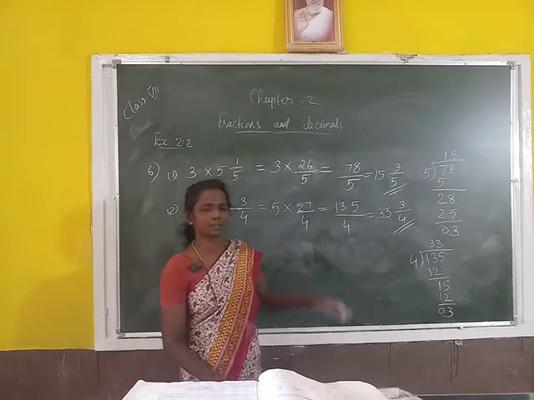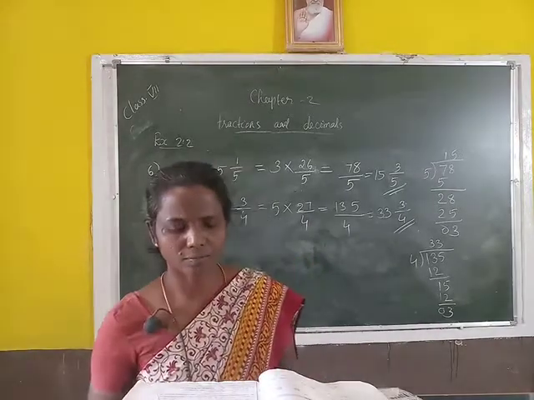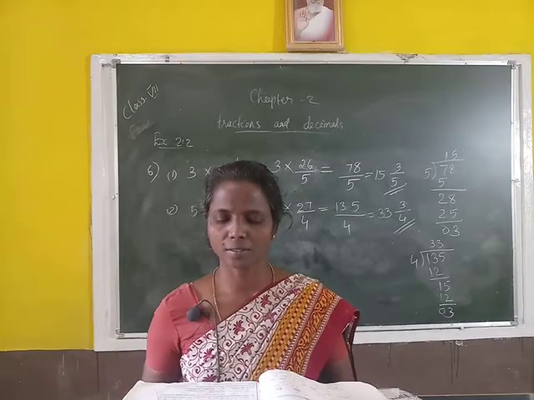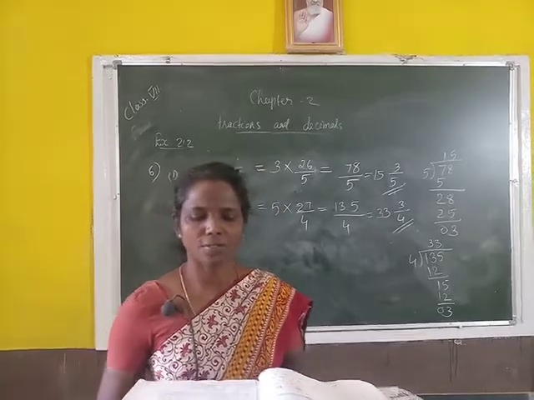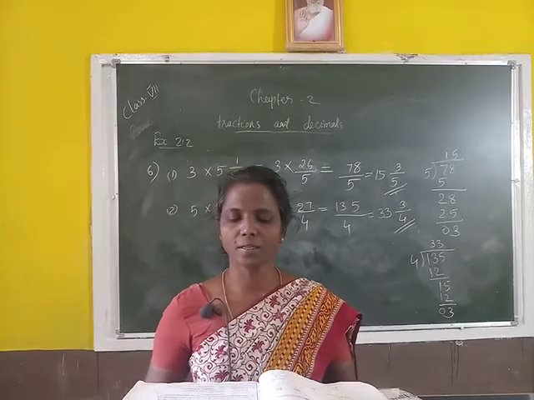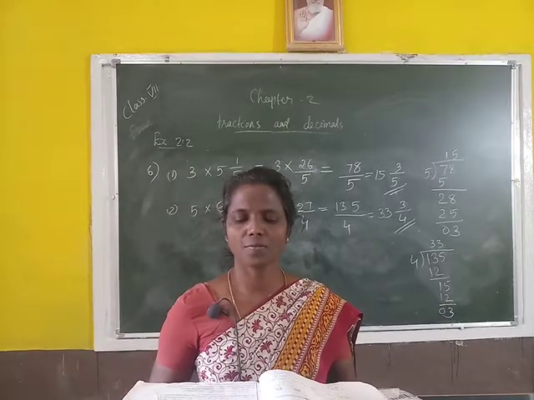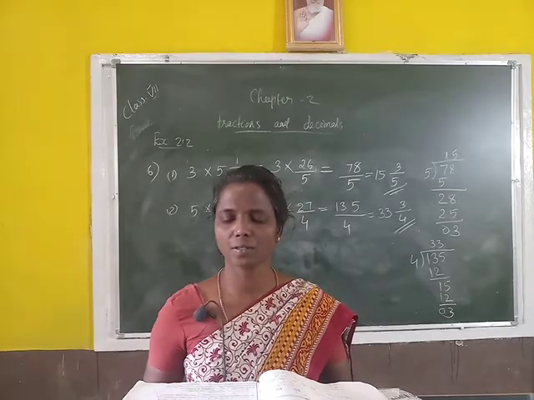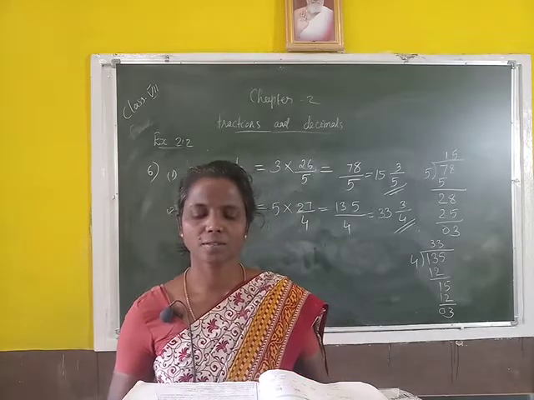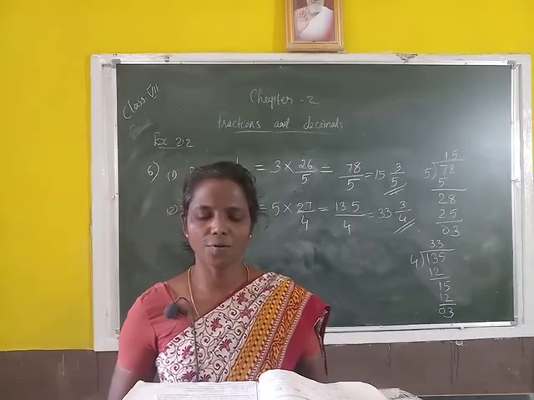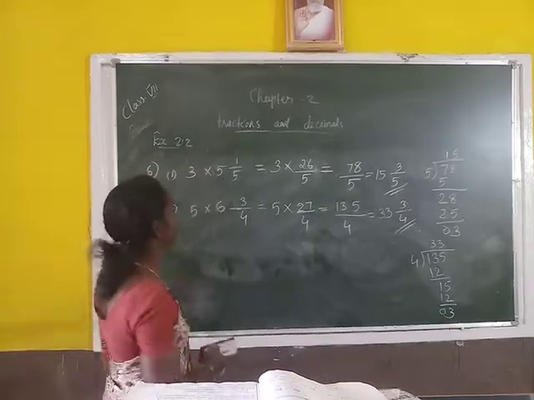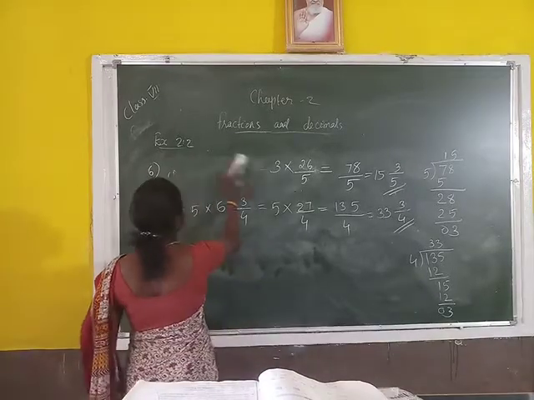Is it clear? The next question number 7. First question, find half of 1 by 2 of 2 3 by 4, and second question, half of 4 2 by 9. Is it clear?